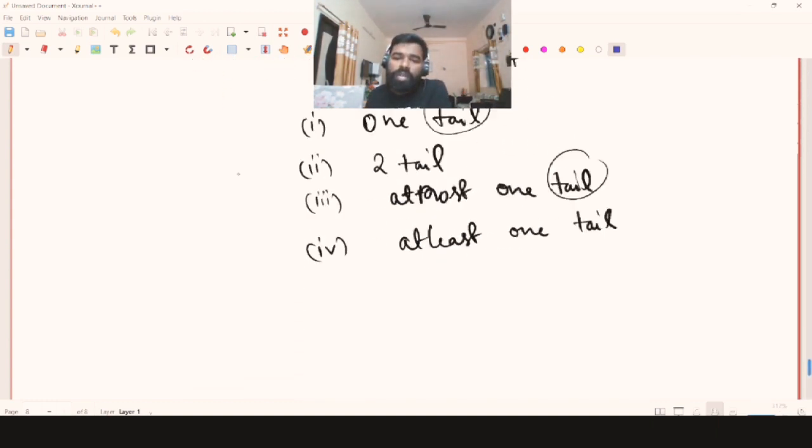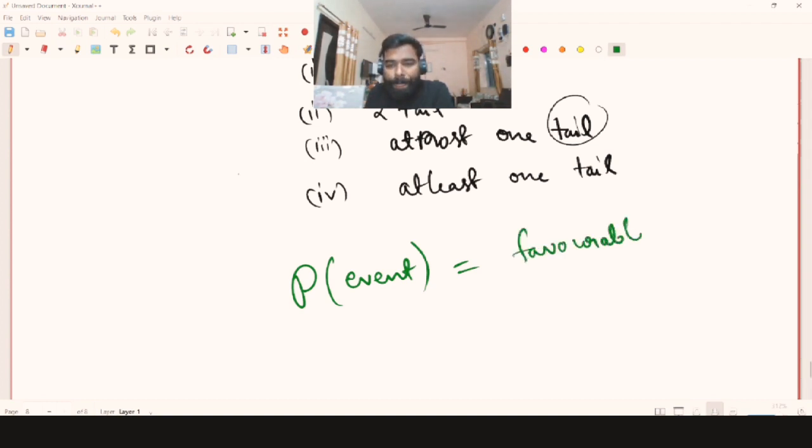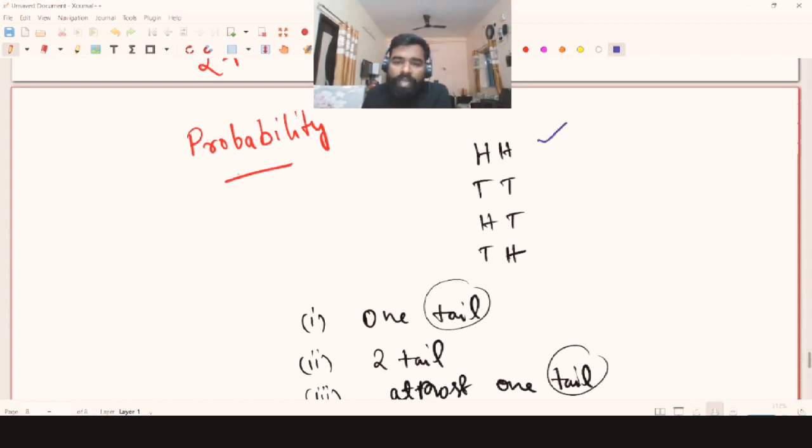So first of all, what is the formula of probability? Probability of an event is equal to favorable outcomes by total outcomes. So if the first question is the probability of getting one tail, see, when you toss two coins, you get all these pairs.